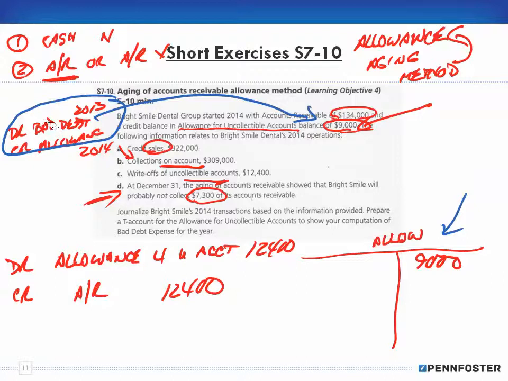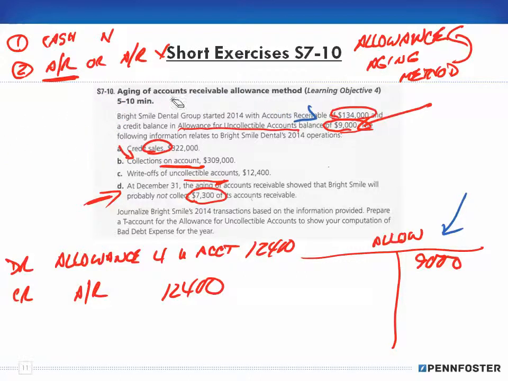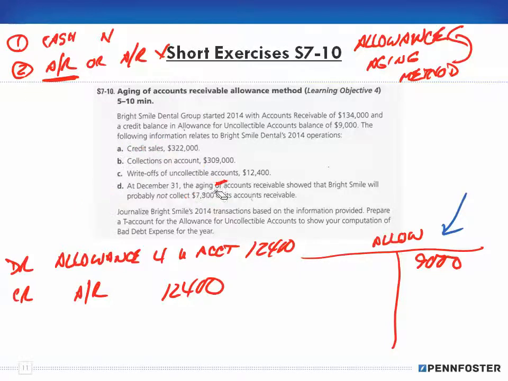Now, remember, if you had watched the theory videos, I said this here is a running balance kind of thing. It's never going to be zero, and you always have to kind of back into certain information, and that's what we're doing here with this particular exercise. We're going to follow along how we know what the amount in our allowance for doubtful accounts should be. So we started out with this balance of $9,000.